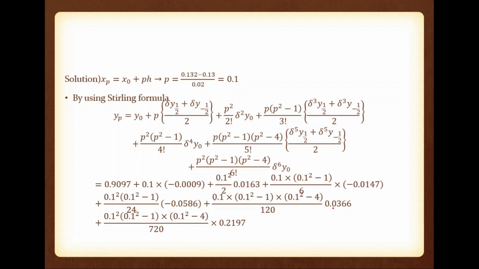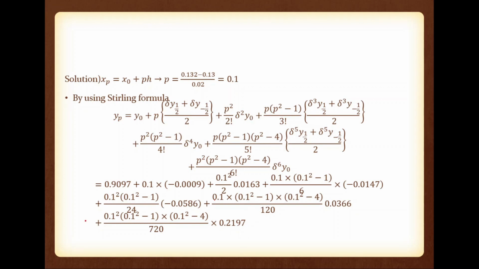This is 5 factorial into the average of theta raised to 5 y 1 by 2 plus theta raised to 5 y minus 1 by 2 divided by 2. That is the average of these two terms, that is 0.0366, plus the last term, p square into p square minus 1 into p square minus 4 divided by 6 factorial, that is 720, into 0.02197. Please note we are using 4 significant digits. We are asked to use 4 significant digits.